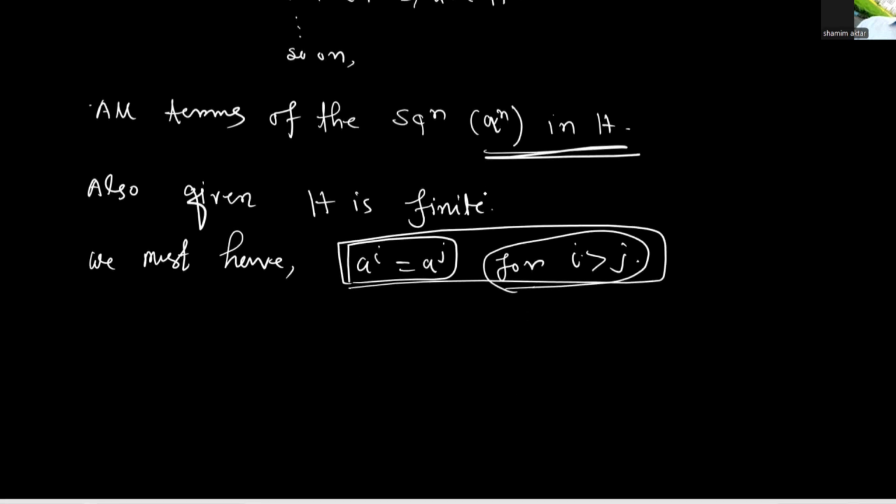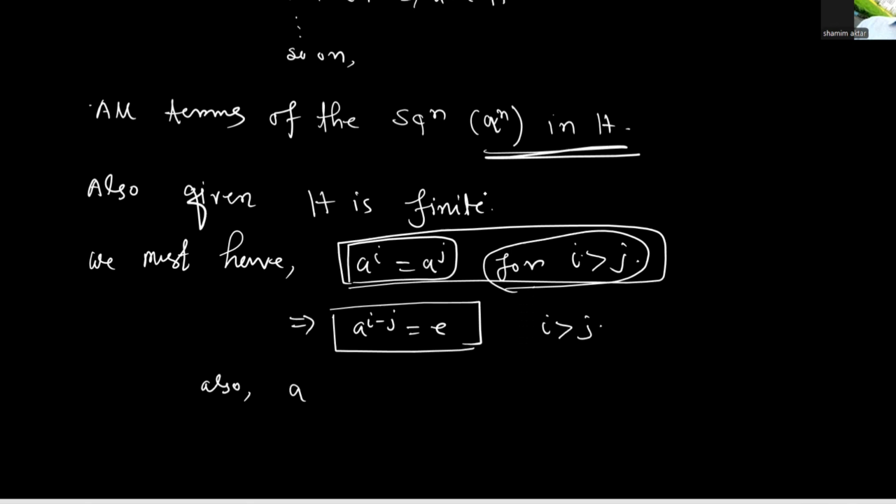So this implies a to the power i minus j is identity, where i is greater than j, and also a is not equal to identity. So this implies i minus j is strictly greater than 1.